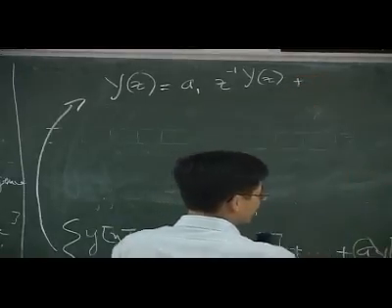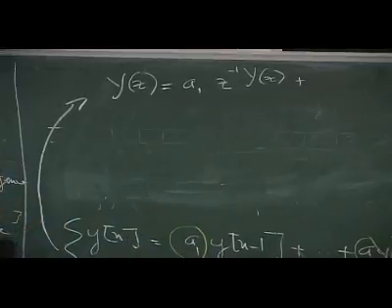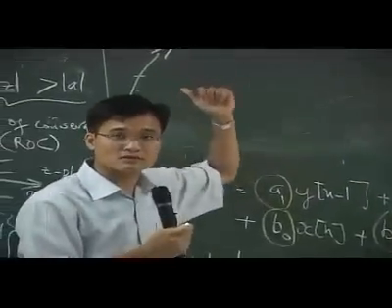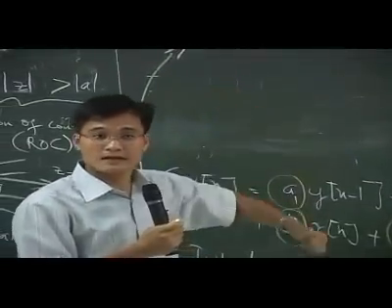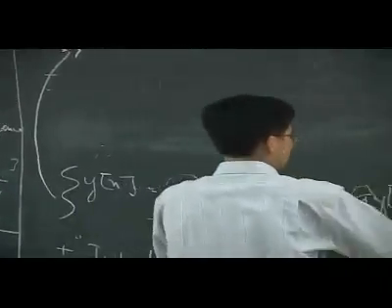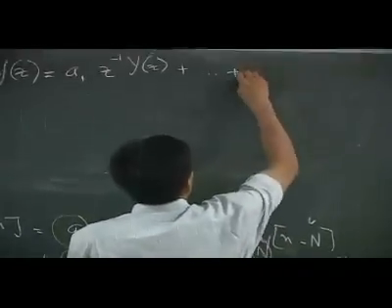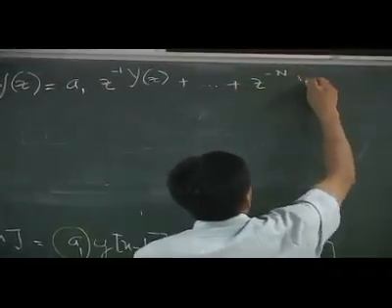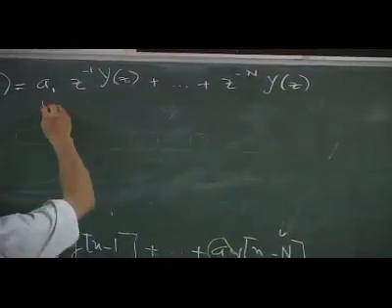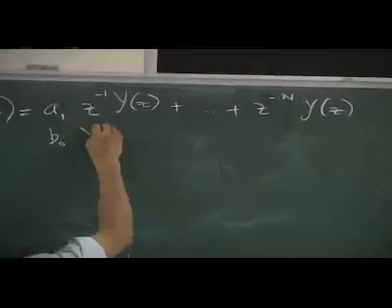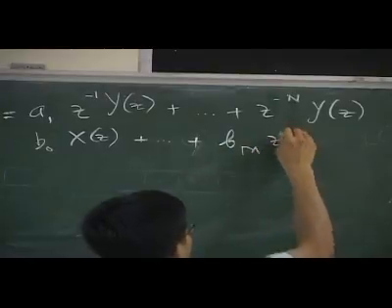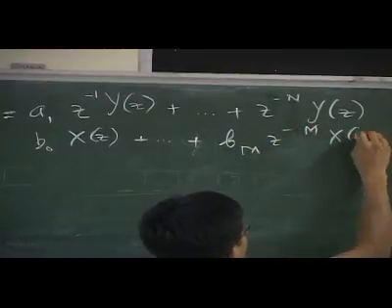And you see why the Z transform is powerful, because it deals very nicely with delay. A delay just pops out a z minus 1. Any delay operation becomes z minus 1. So I delay by 1, delay by n, just multiply, so plus a_n z to the minus n Y(z). And this guy similarly: b0 X(z) plus b_M z minus M X(z).